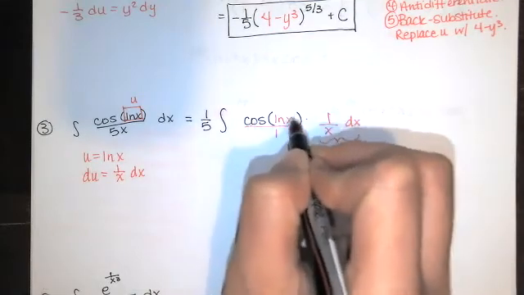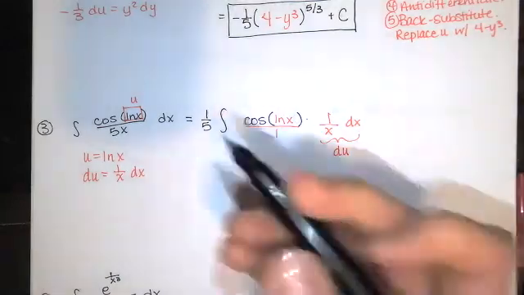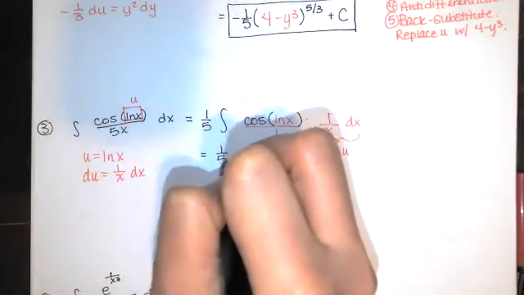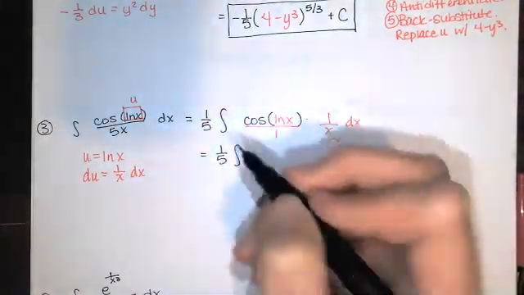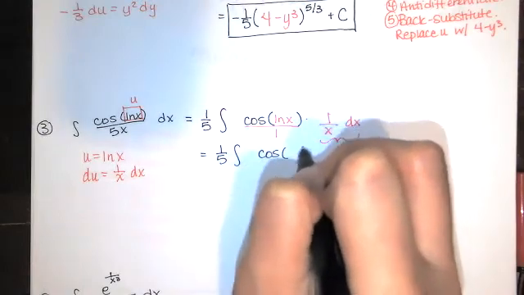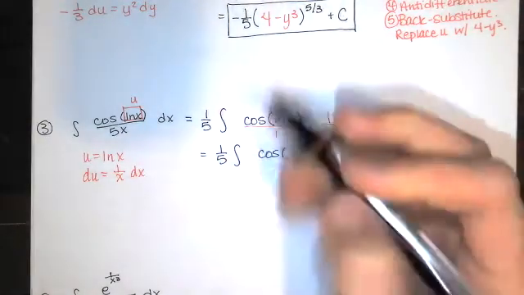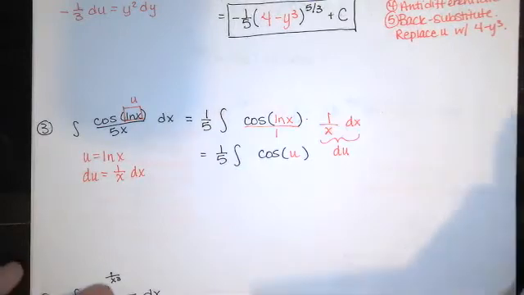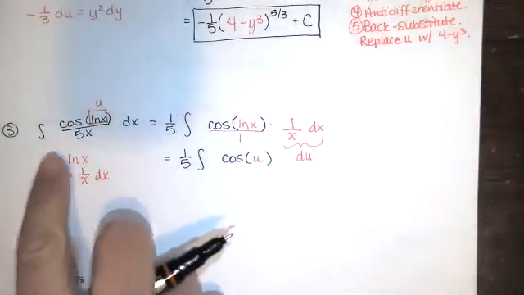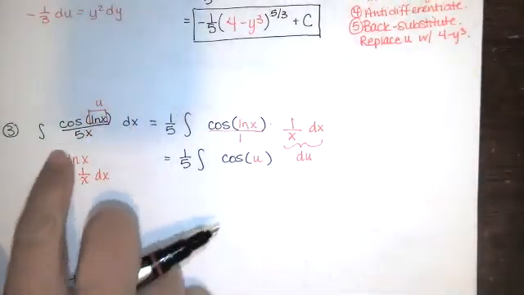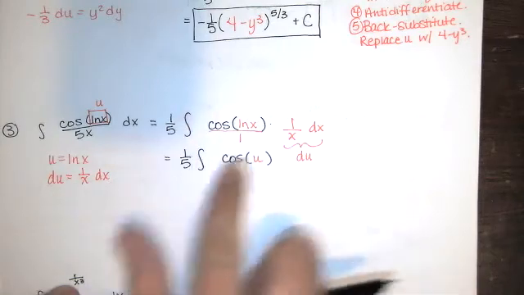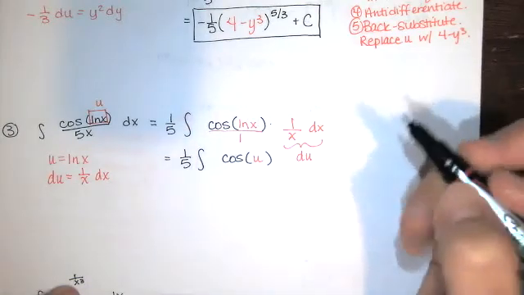And this is cosine of u. So I end up with 1/5 of the integral of cosine of u du. So I chose my inside function, I computed du, and then I was able to write my integral entirely in terms of u.